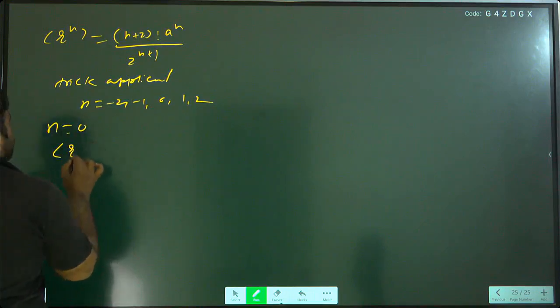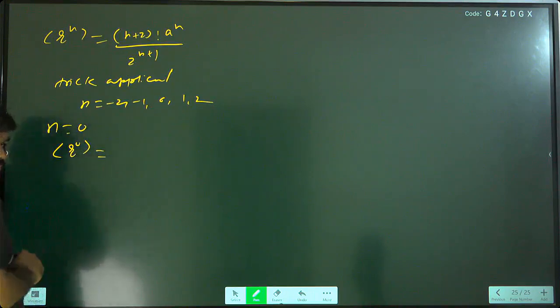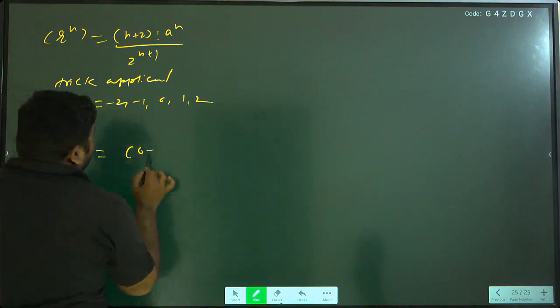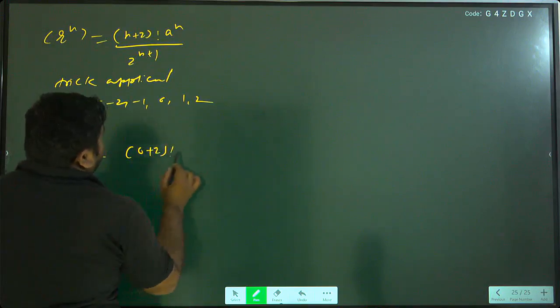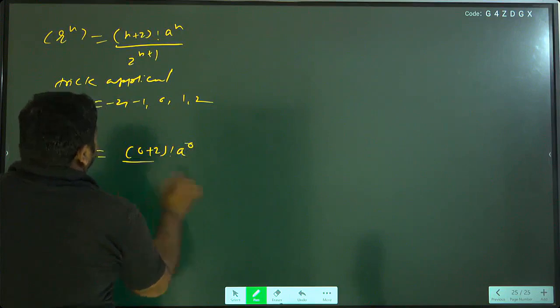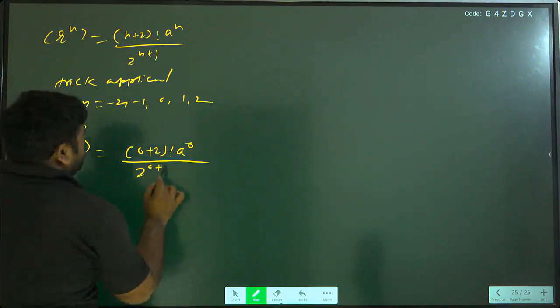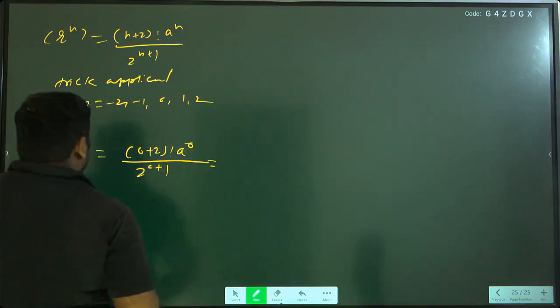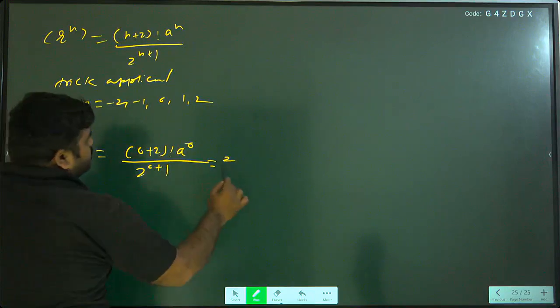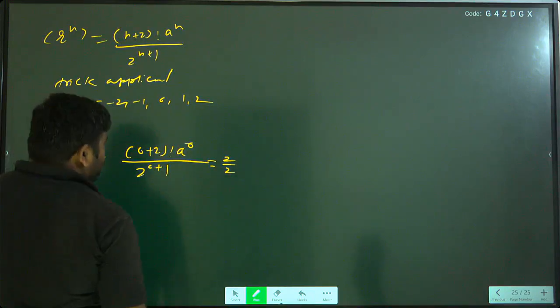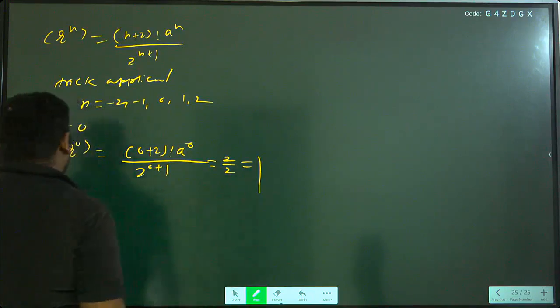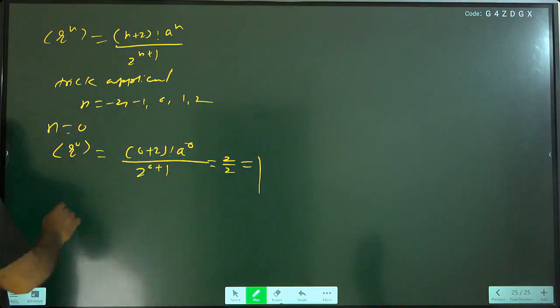Next, n is equal to 0. The expression of r to the power 0 is equal to (0 plus 2) factorial a to the power 0 upon 2 to the power 0 plus 1. Means 0 plus 2, 2 factorial means 2. 2 upon 2 is equal to 1. Okay, next expression of r means n is equal to how much here? n is equal to 1.